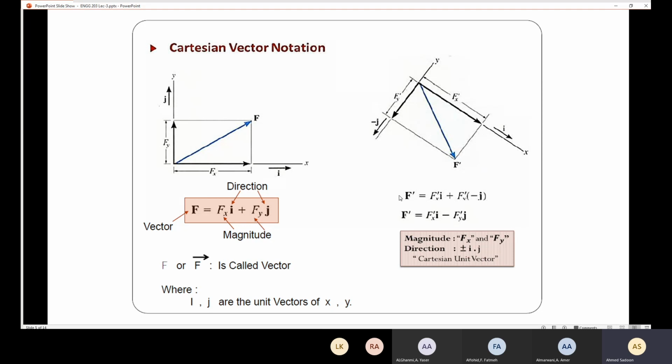So I'm going to say that F', the resultant force, equals Fx, the component in the x direction, multiplied by i to refer to the direction, plus F'y multiplied by minus j, because the direction is in the negative direction. So Fx and Fy represent the magnitude, and plus or minus i or j represent the direction.